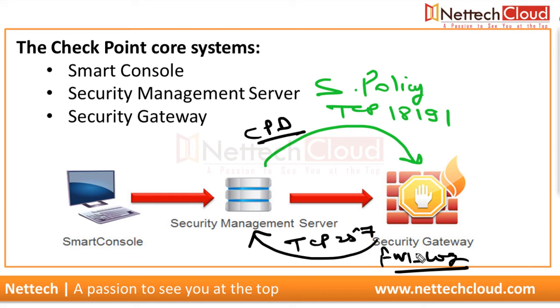The next question is, do we need to allow these two communication ports? No. Again, same: implicit, by default, they both are allowed. That means 18191, that is CPD, and for the logging, TCP port 257. Both are allowed by default.